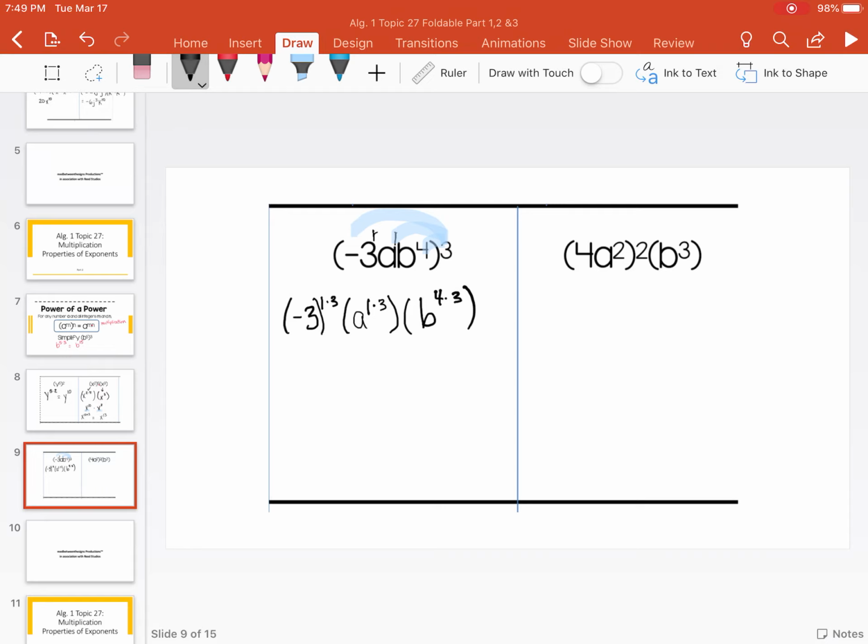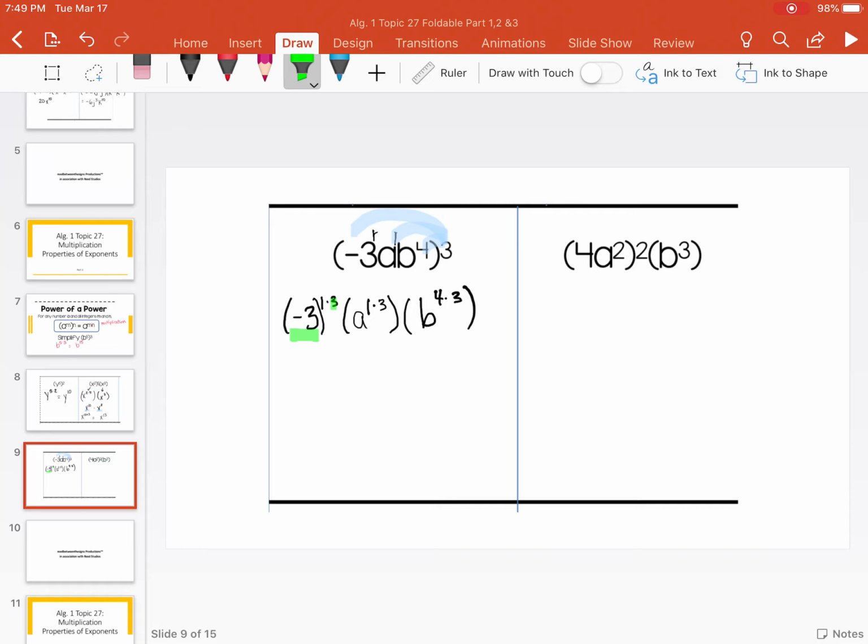So notice here how I had this exponent outside. We kept this negative 3 inside my parentheses. Now that's going to be really important when simplifying. In this case, it might not look that much different because we're dealing with an odd exponent, that positive 3 there. But it will change it up if we ever have even exponents.